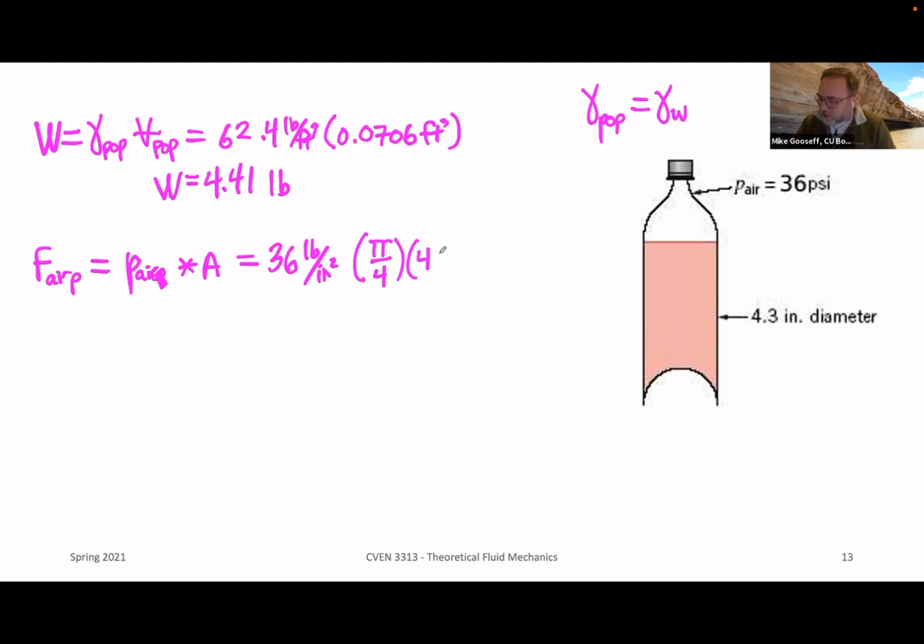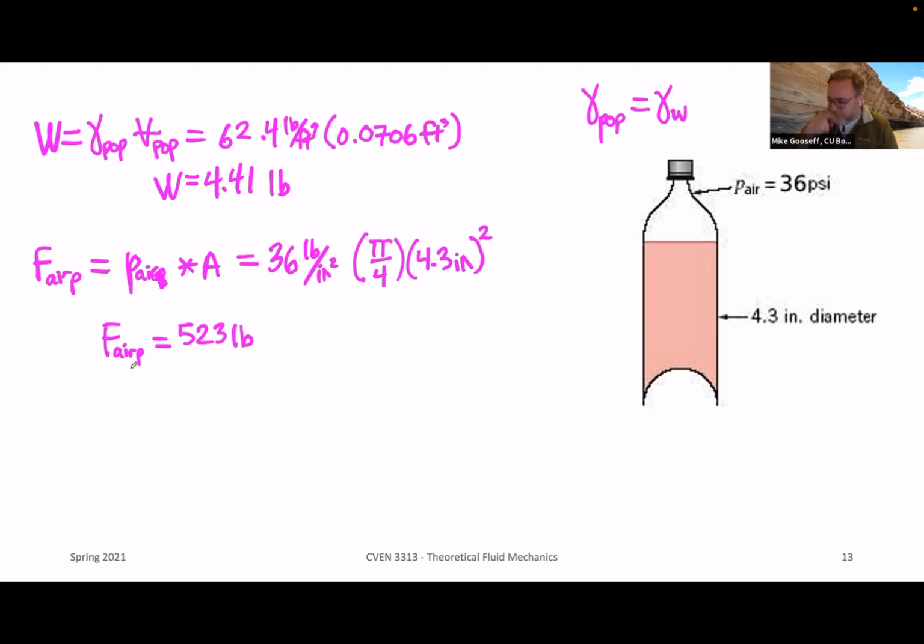D is 4.3 inches. That would be the area of our circle, looking down on the soda bottle, and we square that. When you work this out, F air pressure is equal to 523 pounds.